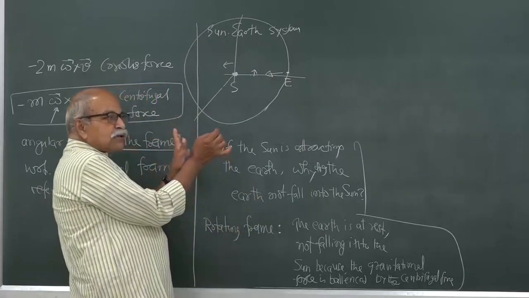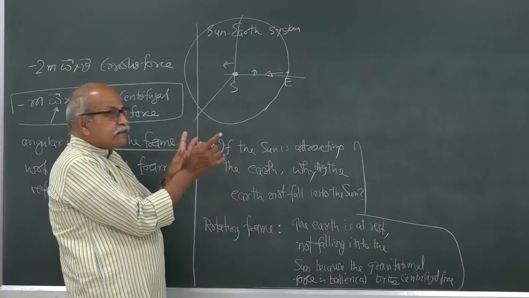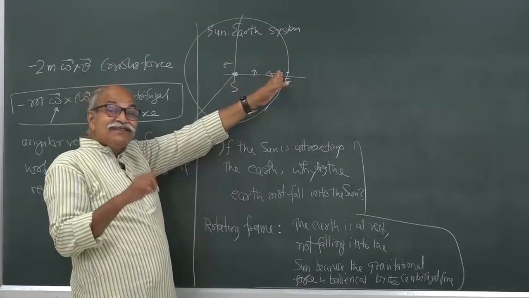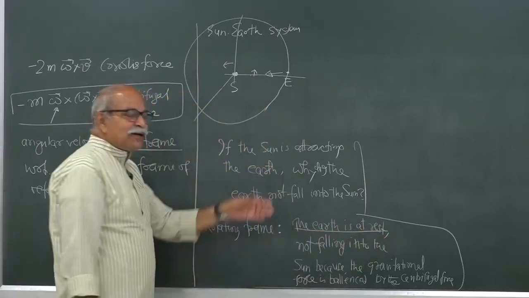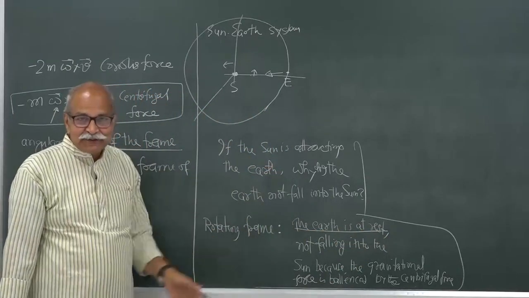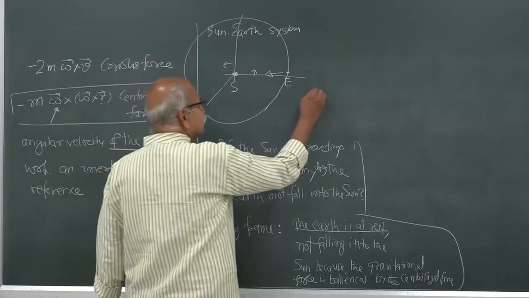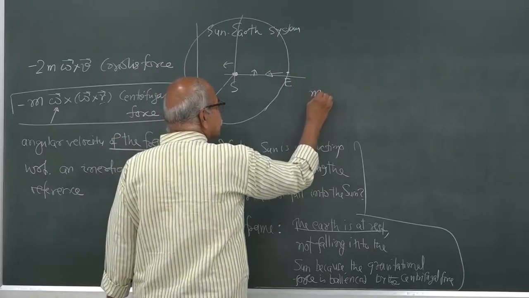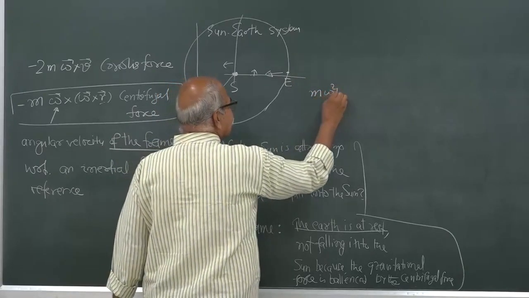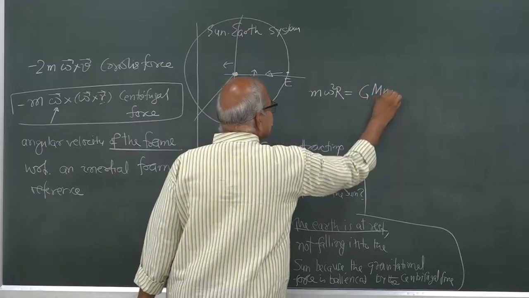Since I am using rotating frame of reference, I have to use a pseudo force, and since the earth is not moving in that rotating frame, earth is at rest. Therefore, I do not have to consider Coriolis force, the only pseudo force is centrifugal force, and that centrifugal force m omega cross r, which turns out to be m omega square r, that and this G M m by r square.